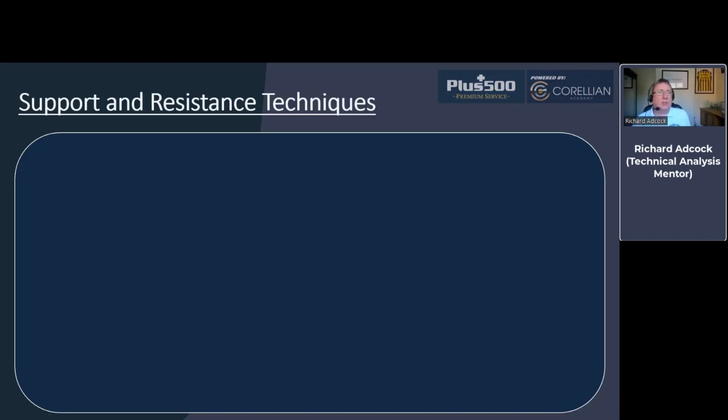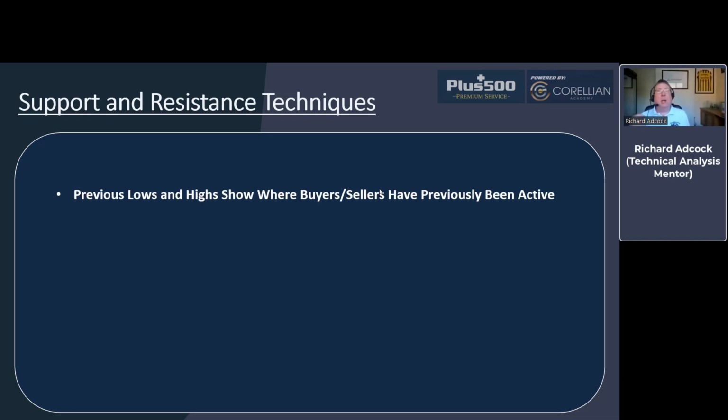So, to start, just to run through very quickly the basics of support and resistance: the most basic definition of a support and resistance area is a previous low or high where buyers or sellers have been previously active. This means a level where the market traded into, found support or resistance, reversed and moved in the opposite direction of the original move.